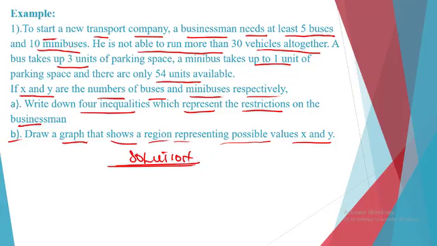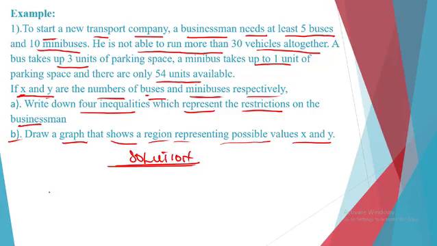Is that correct? And we are told that X and Y are the numbers of buses and minibuses respectively. So X is the number of buses, and Y is the number of minibuses.